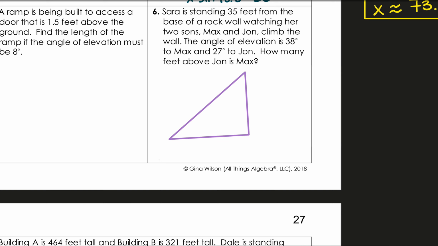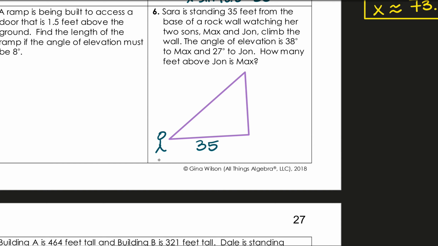So here we have the one giant wall. Sarah, she's standing here. She's 35 feet from the base, and she's watching the sons climb. So the angle of elevation is 38 degrees to Max and 27 to John. So 38 is larger than 27.